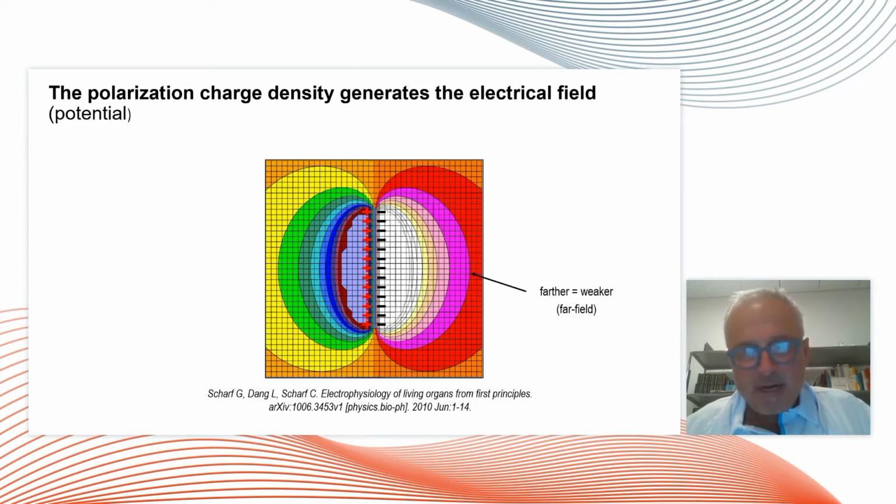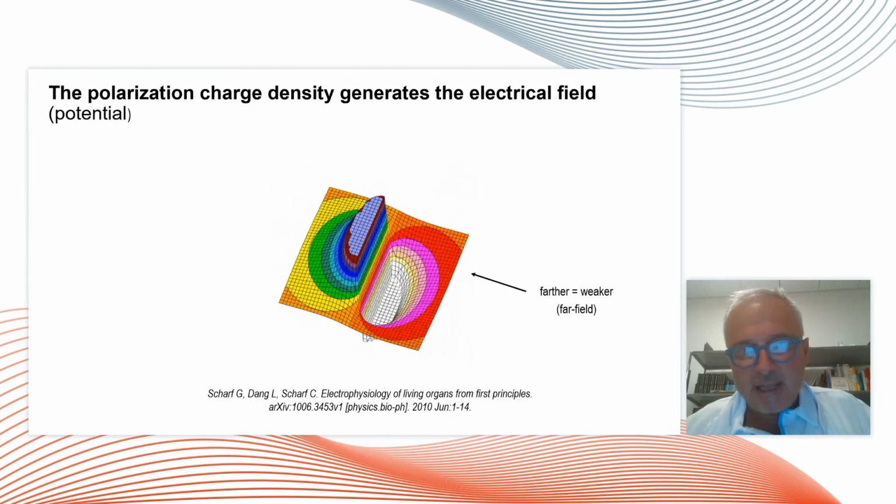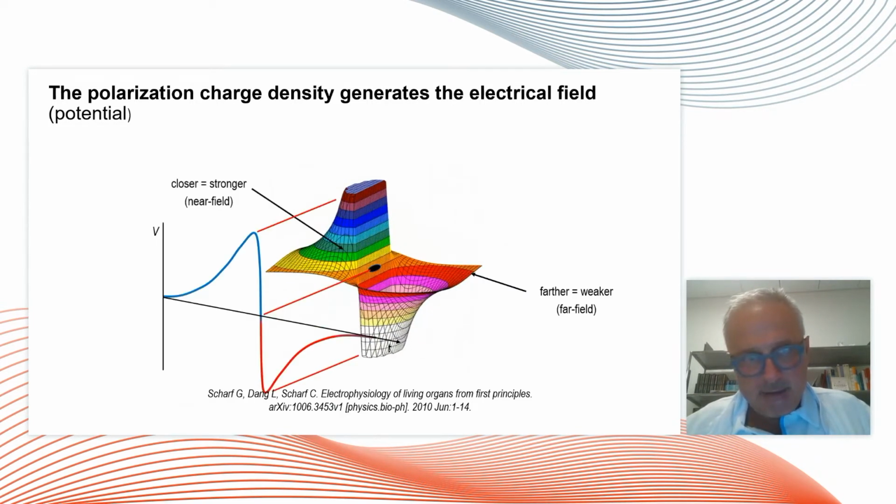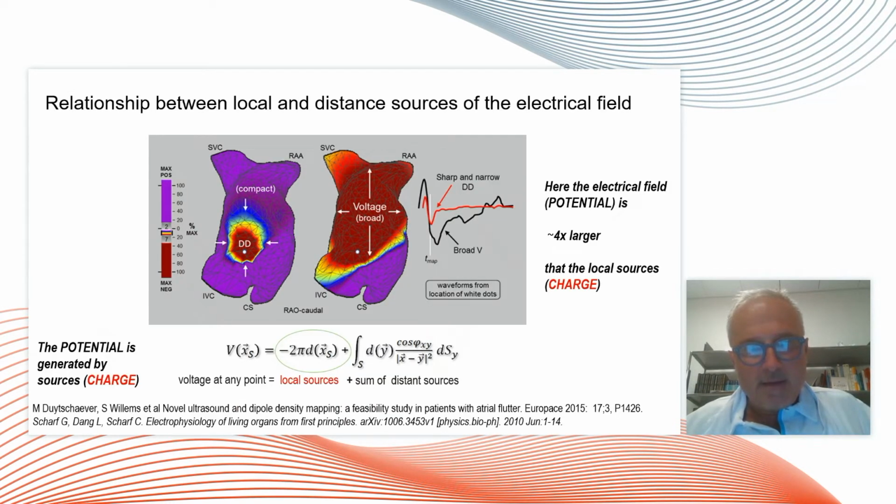If you look from a 90-degree angle to these field lines, you will see that the positive and the negative envelope is the electrogram that we record. So the difference between the charge and the electrogram has been clear, and this was the principle on which we founded Acutus.